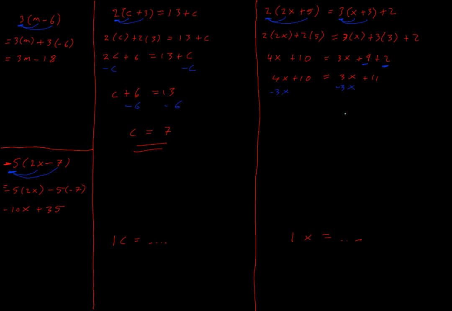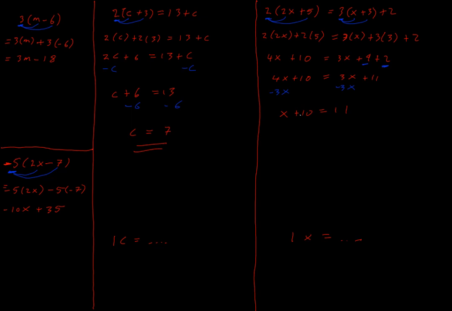And why do I have to take it from both sides? I have to do it to keep my balance. So I end up with taking 3x away from this side in order to get 0 x's on the right hand side, and I have to do the same thing to the left hand side. So I end up with x plus 10 is equal to 11.